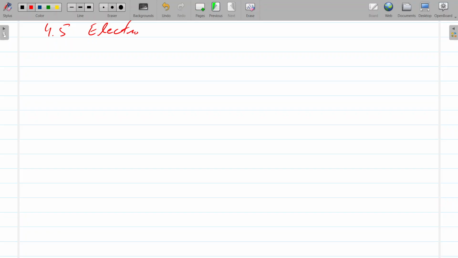An electric current can cause a metal to become a magnet. But what we're more interested in here is the fields. So unit 4, chapter 4.5.1 is electromagnetic induction.